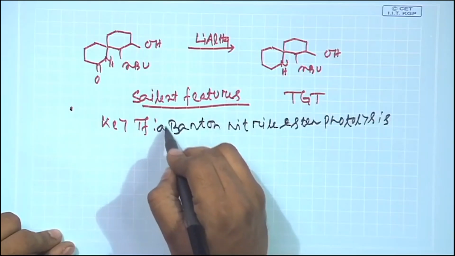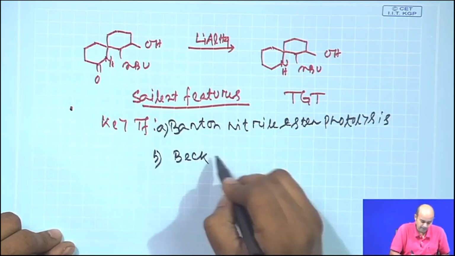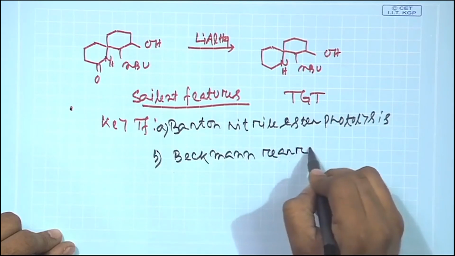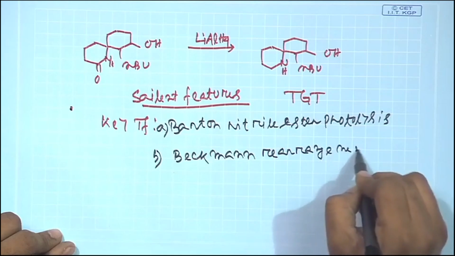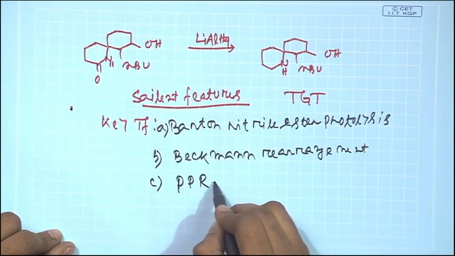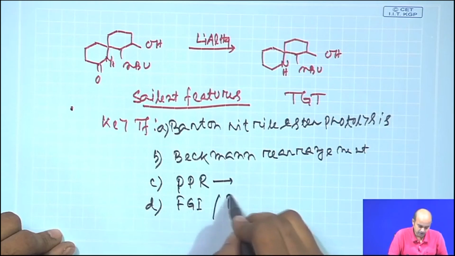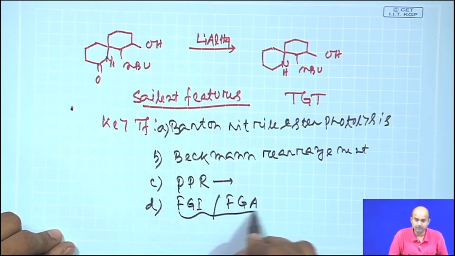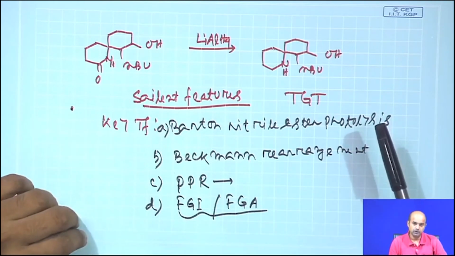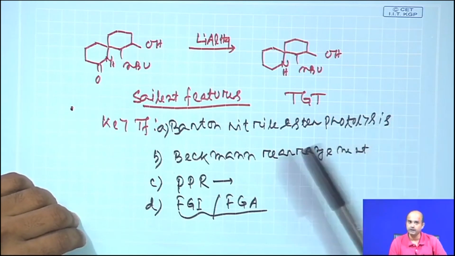In addition, you are also doing a couple of interesting transformations. The Beckmann rearrangement was used in the final stage, and then the pinacol rearrangement, which was very crucial, was used, and then you do a couple of functional group interconversions or functional group additions. So, your main synthesis is a combination of all those things, but as I said, if you are not familiar with this Barton nitrite ester photolysis, it is very difficult to design the entire pathway.